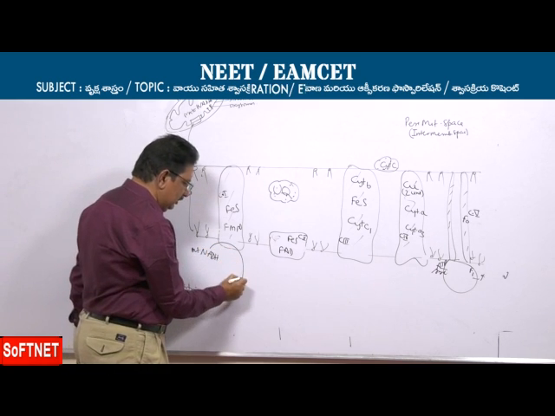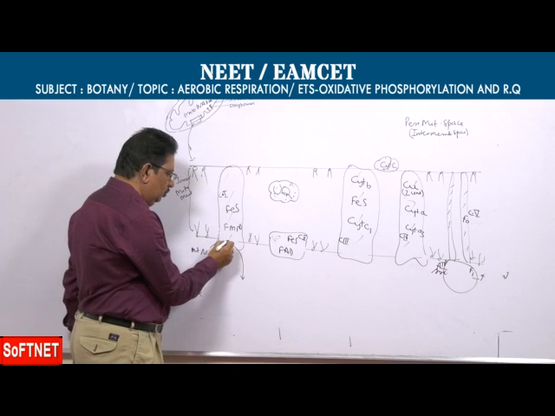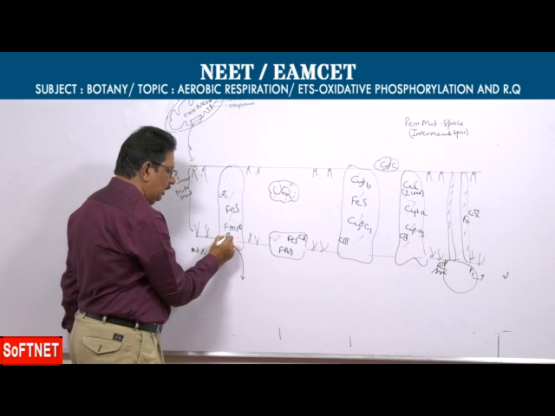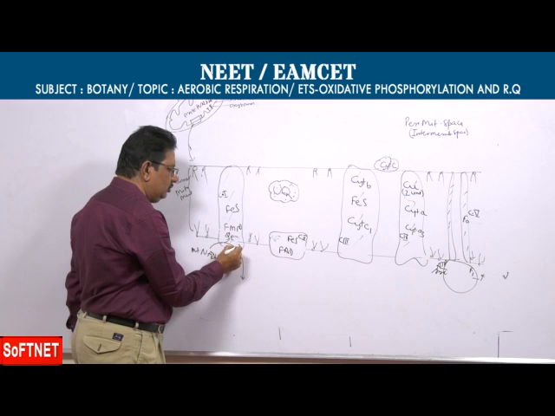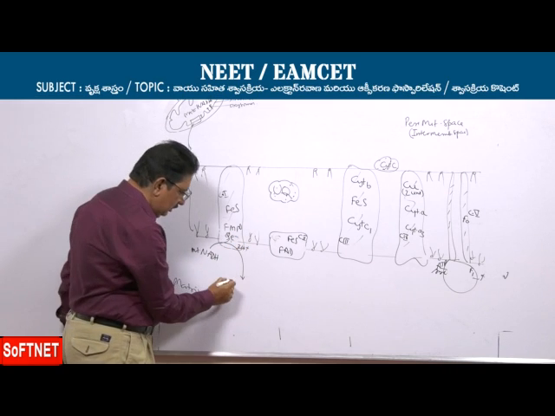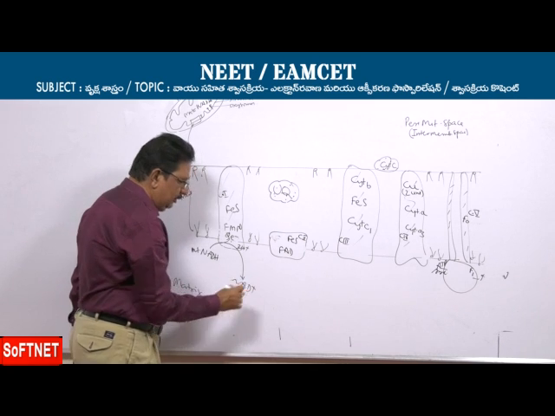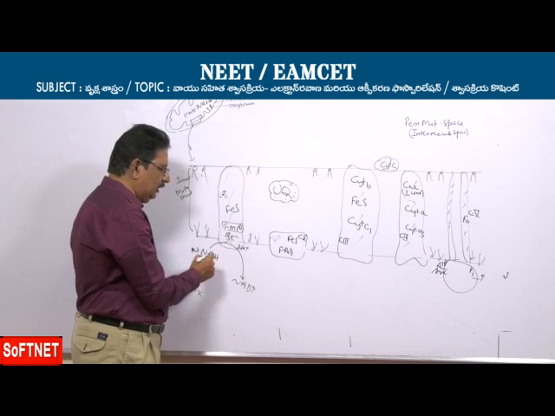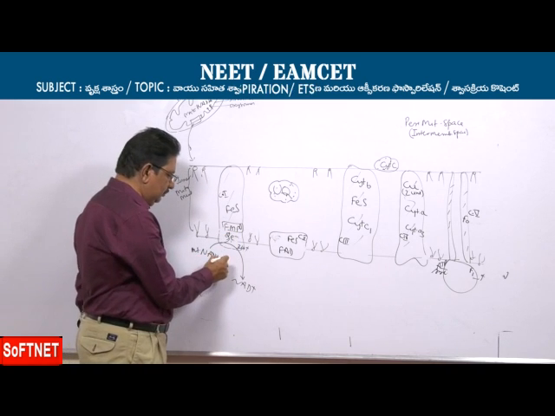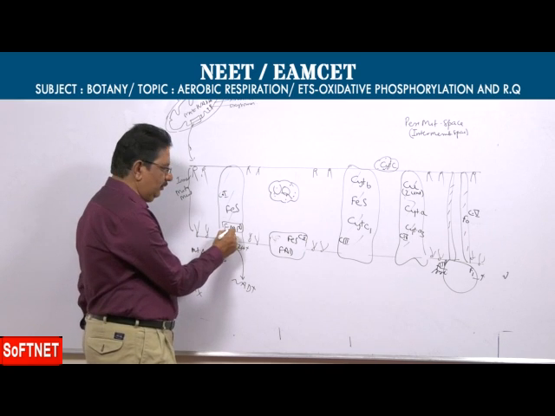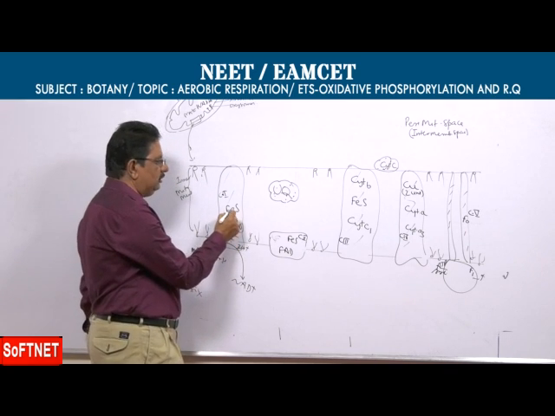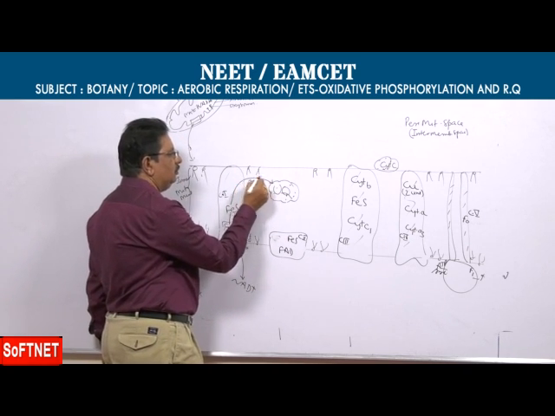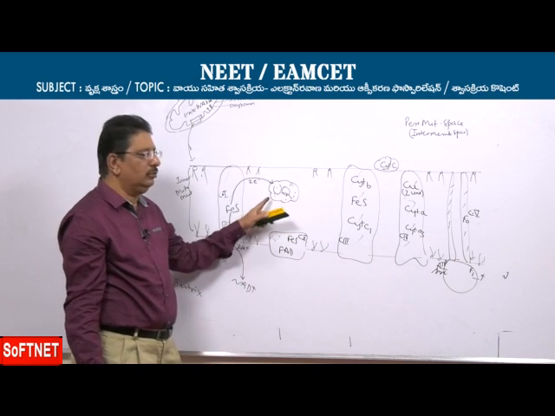It is oxidized by losing 2 electrons and also 2 protons, and converts into NAD plus. So, these electrons from NADH plus H plus transfer to FMN, move to the iron sulfur component, and finally transfer to ubiquinone.